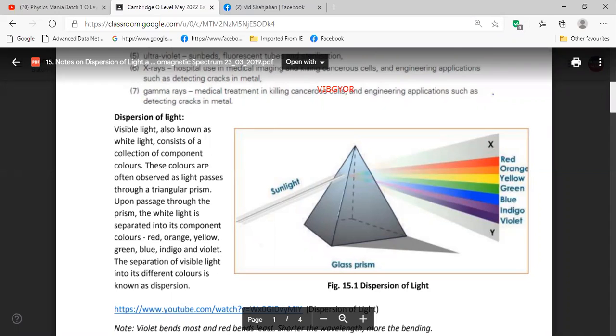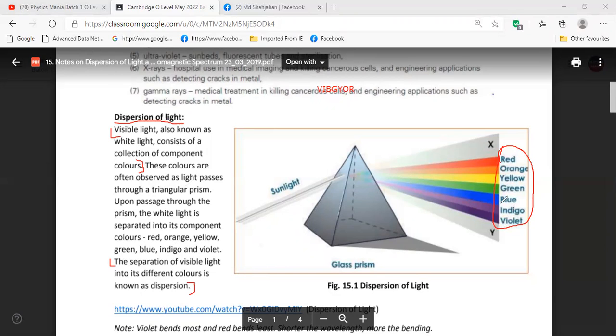Okay, so from here you give the heading, this one. Sir, wait, sir. From here to here, you write. Then you write here. Okay, and look here, we are having all these colors, Vibgyor from the bottom.